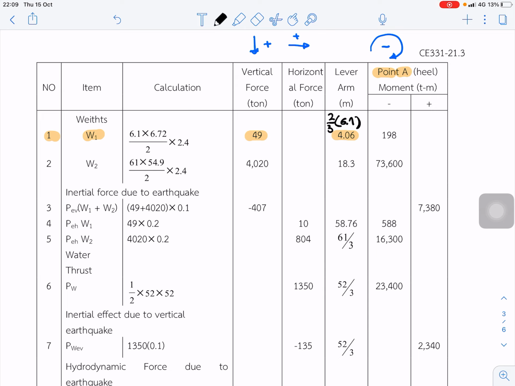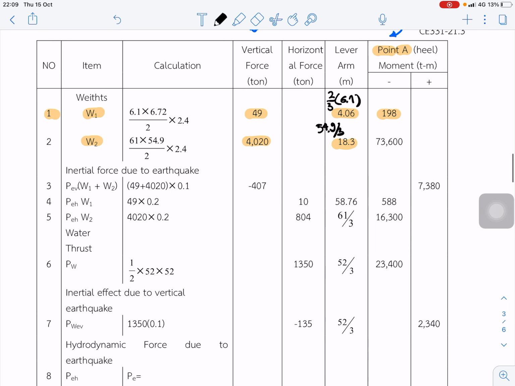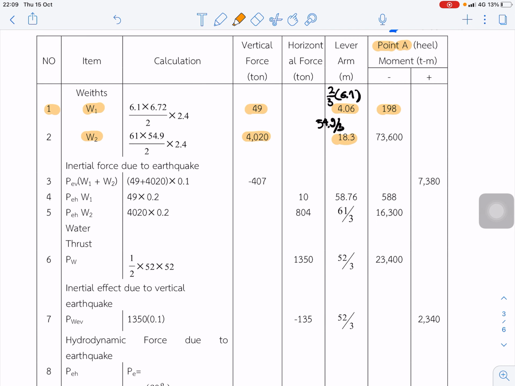In this case it is clockwise, so it's negative. And for W2, this vertical force, the length comes from 54.9 divided by 3. And for the moment, clockwise is negative.